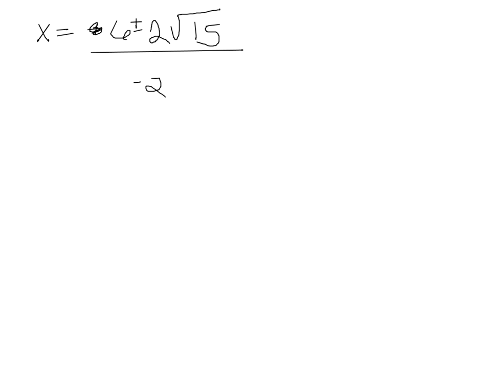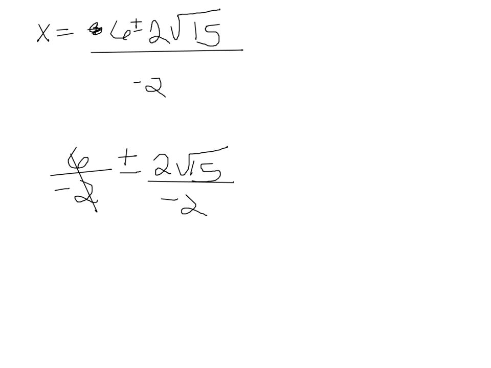Okay, and now the way it works, I can take the first part over the denominator, plus or minus the second part over the denominator. So 2 goes into 6 3 times, so I get minus 3 plus or minus.